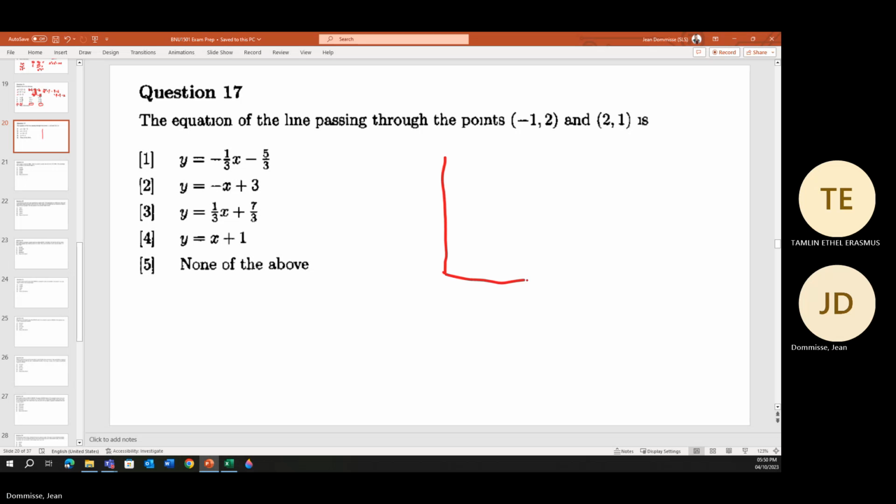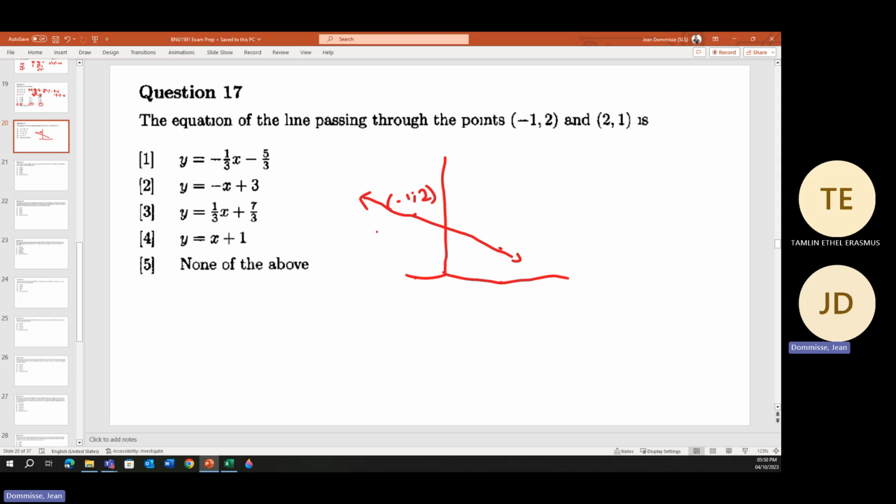So x is -1 and 2, so that is -1 and 2, and then 2 and 1. So that is nearly the points where this is going through.